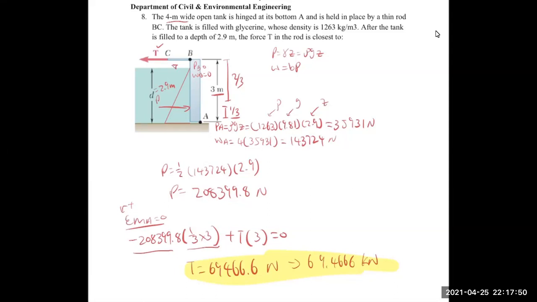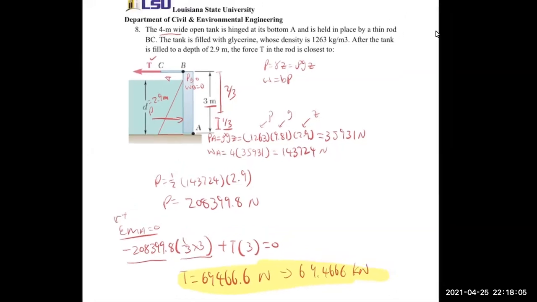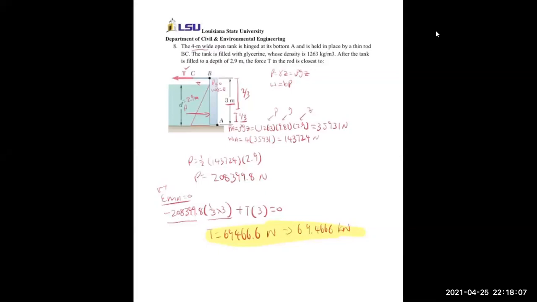Okay, so I got my T is equal to 69,466.6 newtons, or you can write in kilonewtons, which will be much easier to write. So it will be 69.4666 kilonewtons.